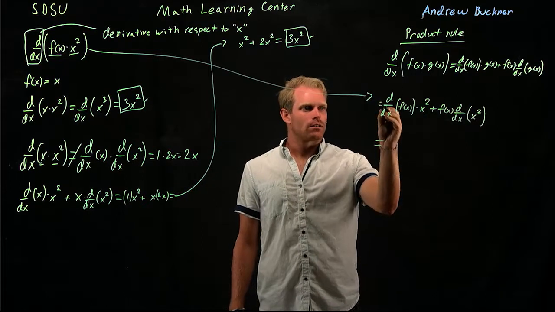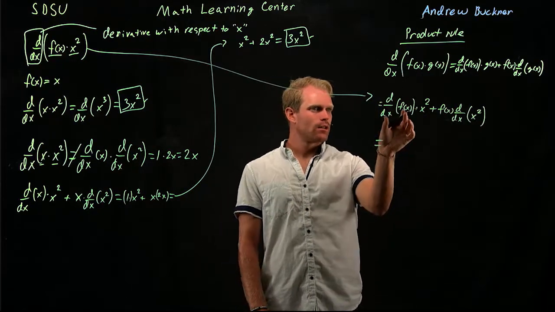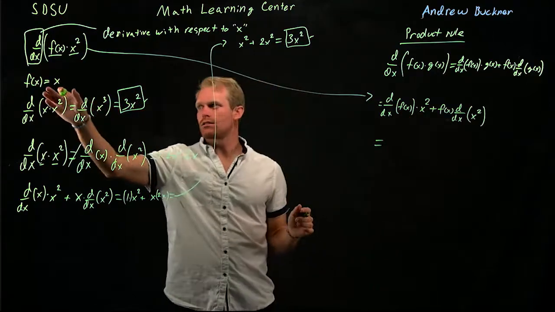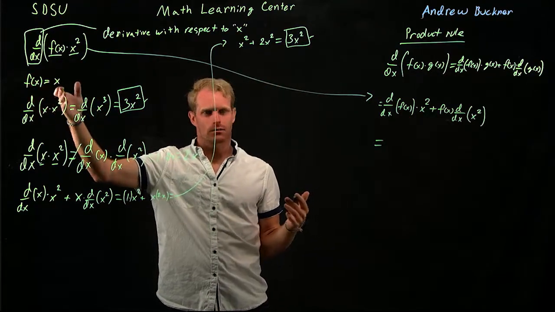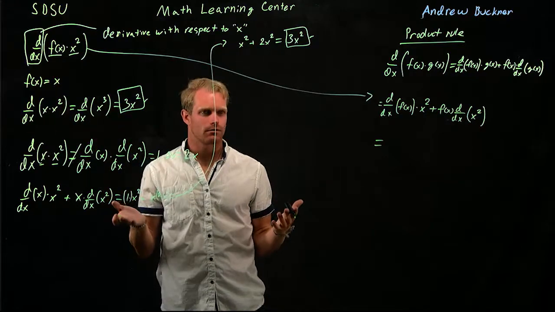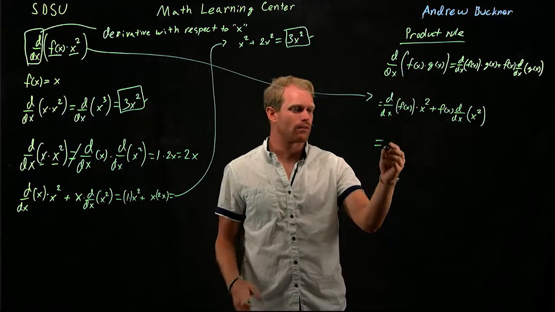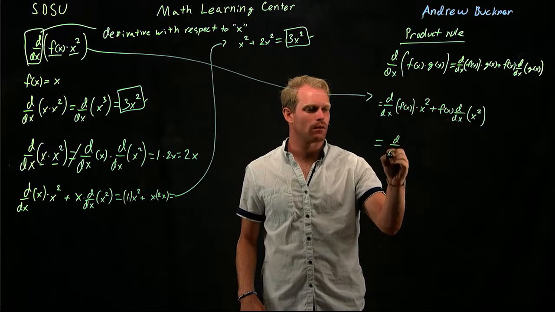So when we go ahead and solve this, we see that for f of x, if we did keep it in this term where f of x equals x, you would take the derivative of just the x, but because it's just f of x, we're going to keep that the same.